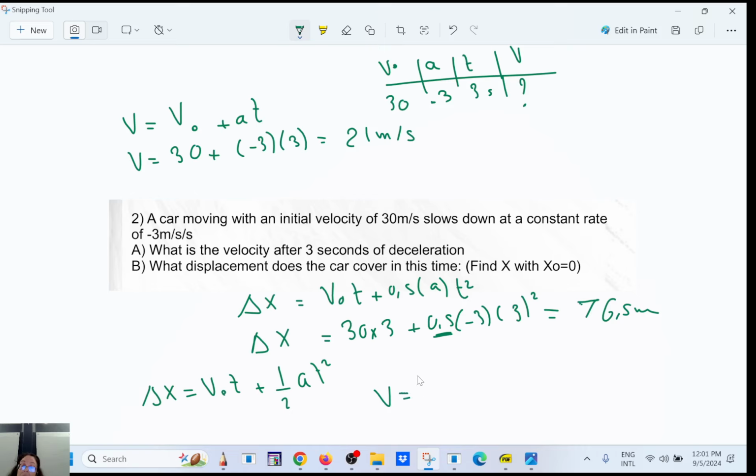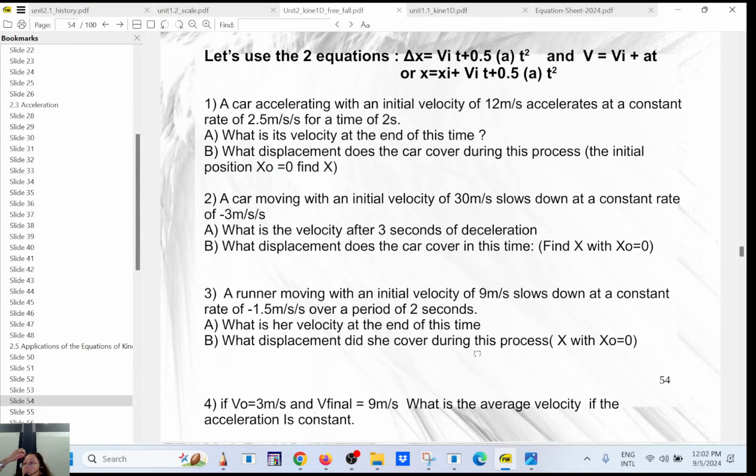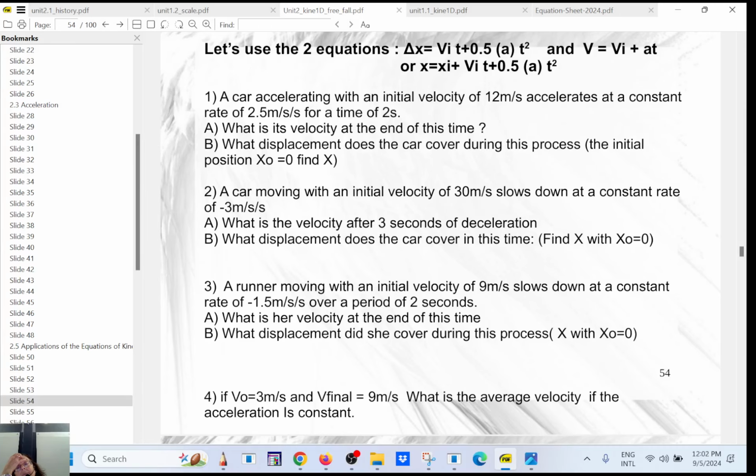And the other one is v equals v0 plus at. So when you integrate, you get delta x equals v0 t plus a over 2 t squared. And the constant is there.